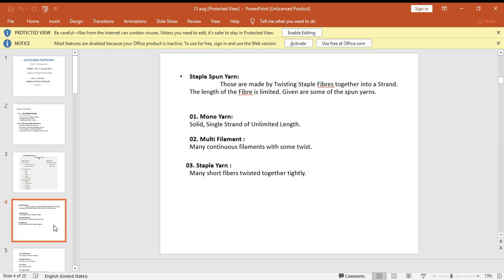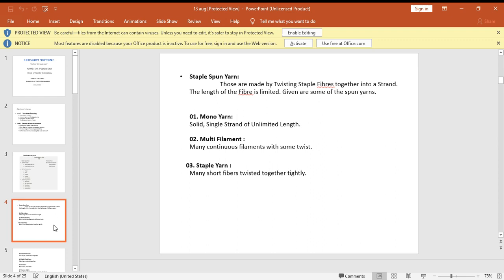Then next, staple spun yarn. These are made by twisting staple fibers together into a strand. The length of the fiber is limited. Given are some of the spun yarns.